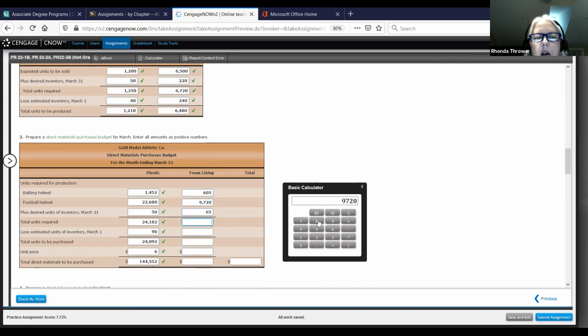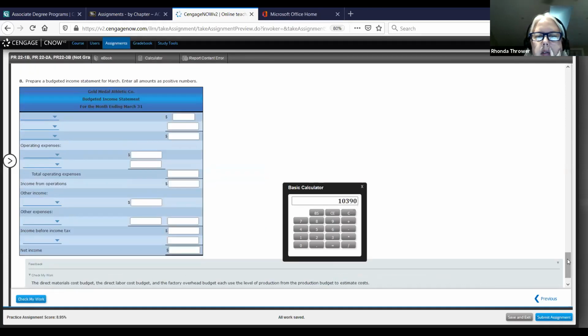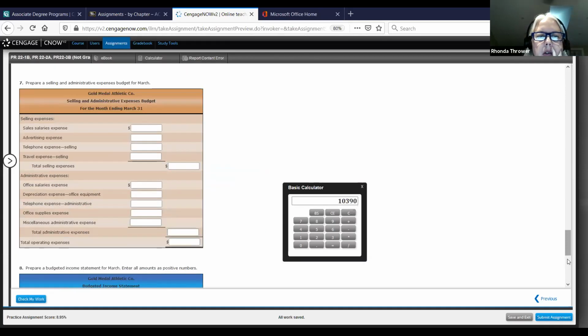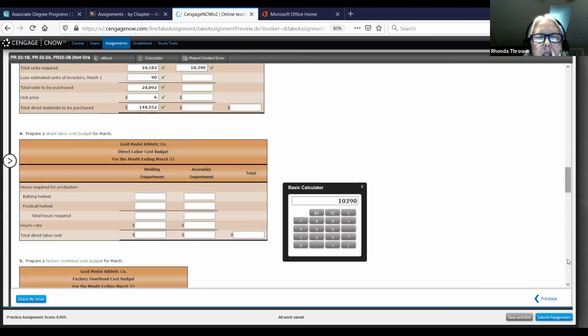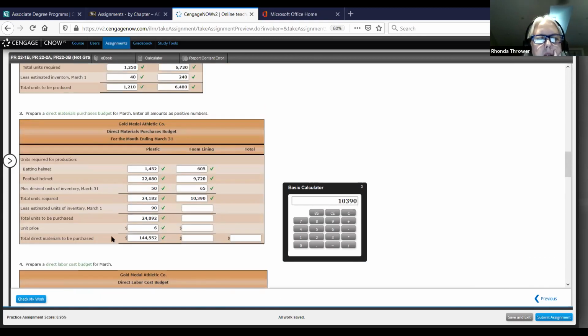And then we're going to combine all of these together to get our total units. And I'm going to check my work just to make sure I've got the total units right there, so it doesn't mess something else up later on. And so we're okay there.